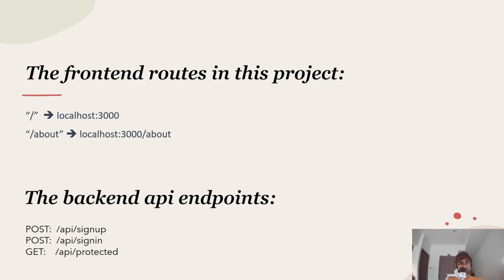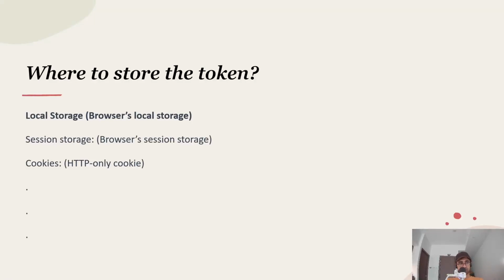On the front end, we created 2 routes, one of which was a protected one, meaning that it wasn't accessible to regular users unless they were authenticated on both the front end and the back end. I also explained how this token was stored, and in this specific project, we use local storage, or the browser's local storage, to hold the value of JWT.